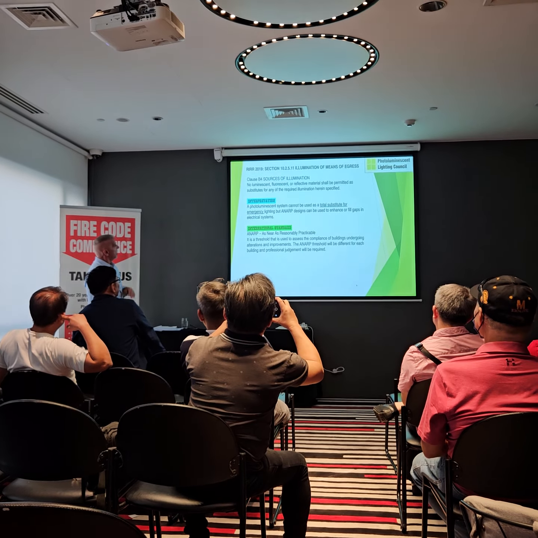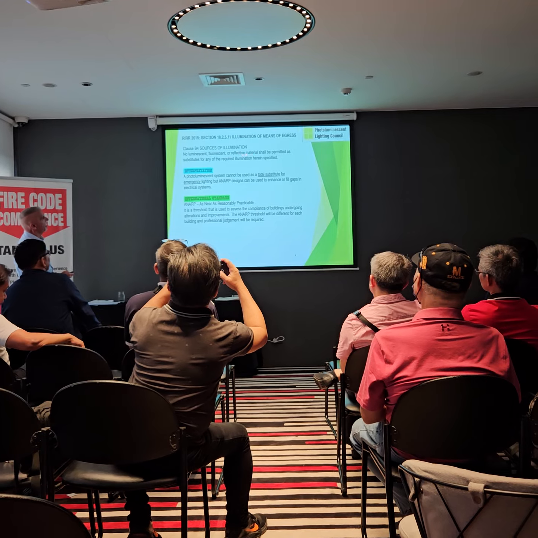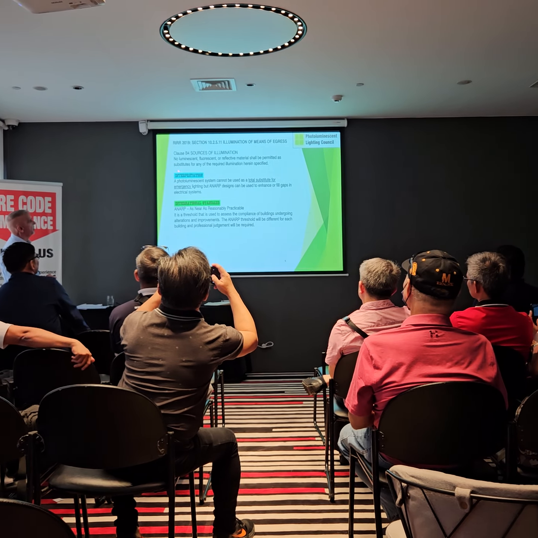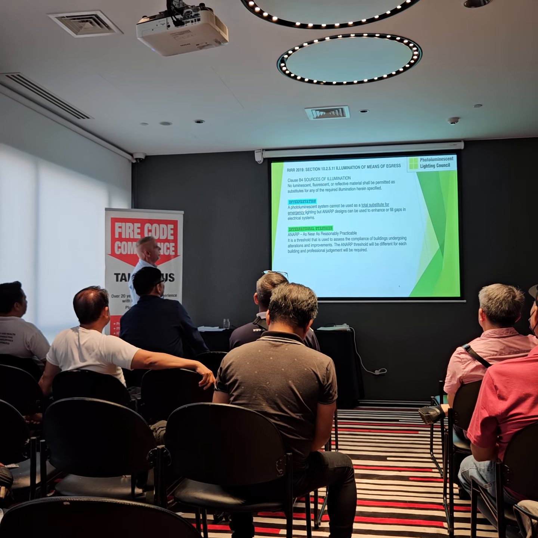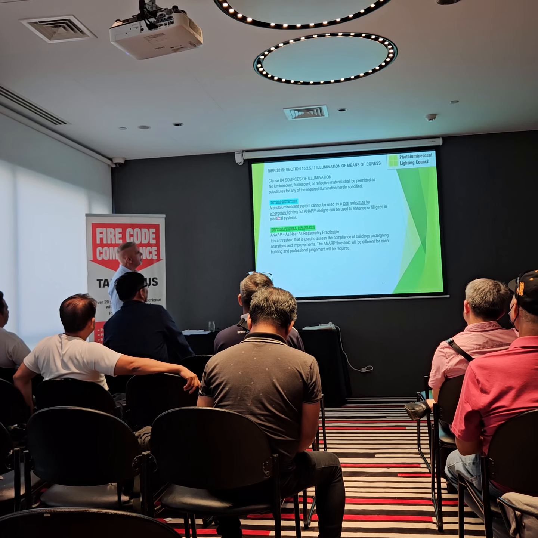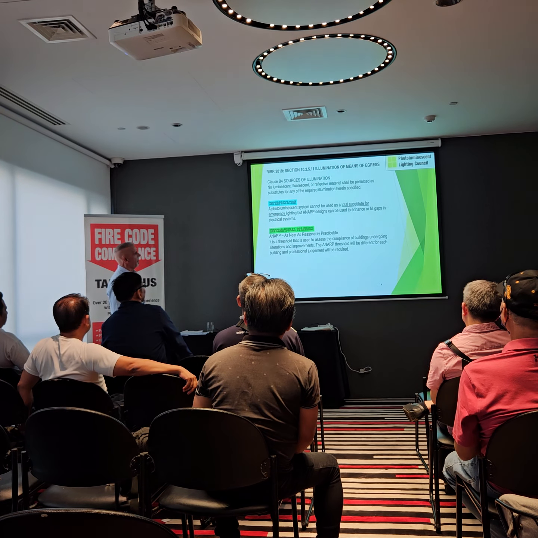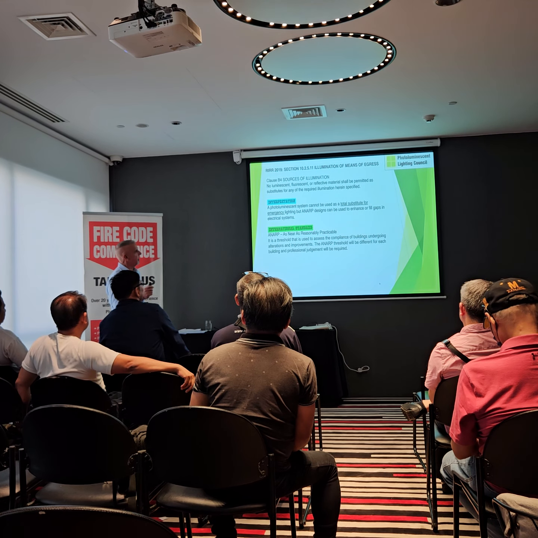Okay, so as I said, it specifically says no luminescent, fluorescent or reflective material should be used as a substitute for any required illumination. So we're saying, yep, you can't design a system in a new building with photoluminescent material and not have any emergency lighting.